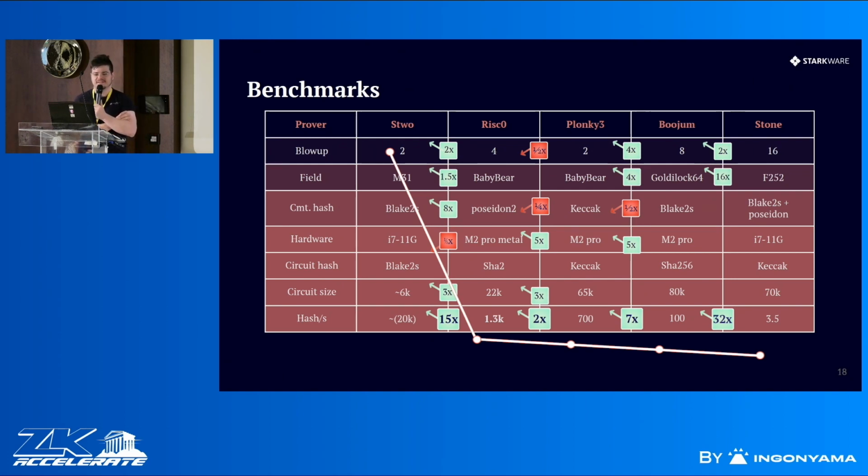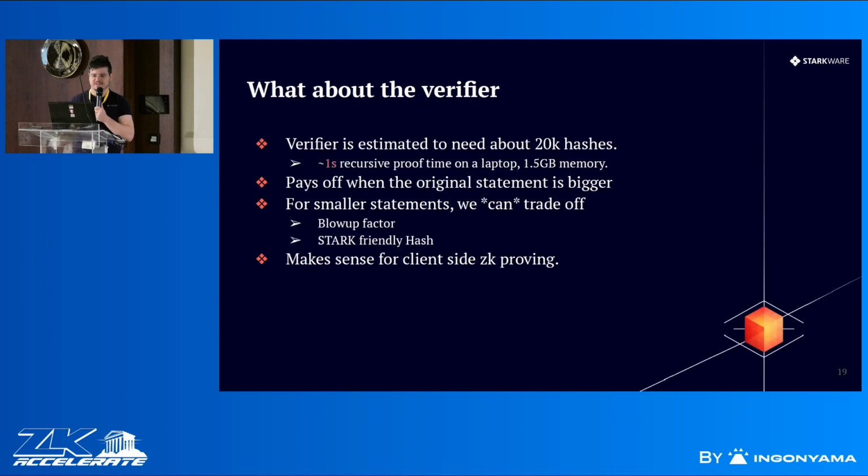And we prove the Blake hash, for which you can get a very small circuit. Overall, we get something like 20,000 hashes per second to prove, which is more than other things I've seen right now. But I expect that other people will probably get to these areas soon as well.